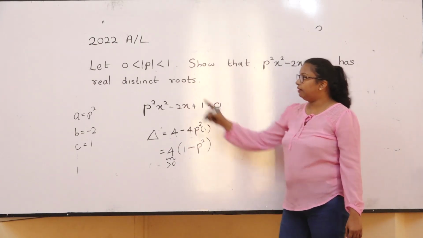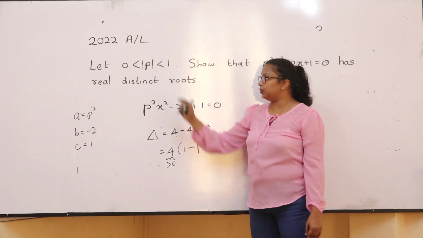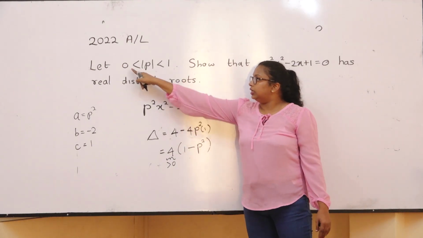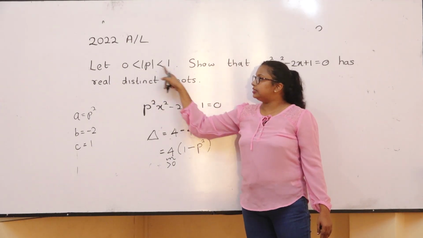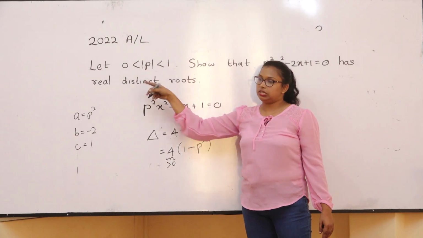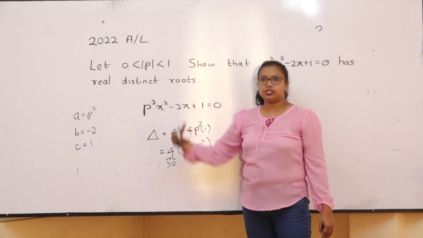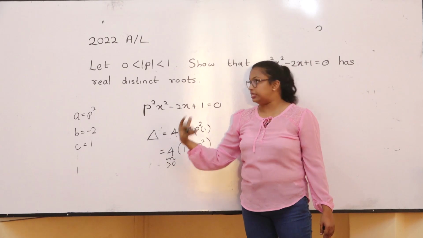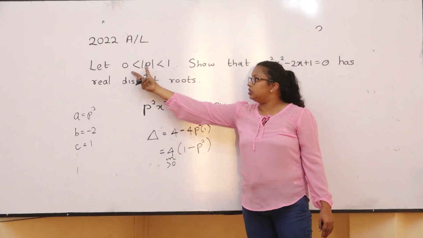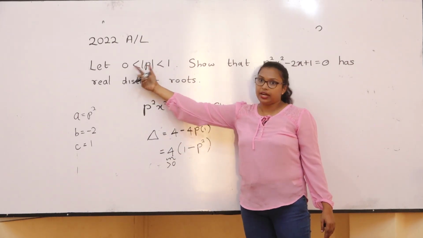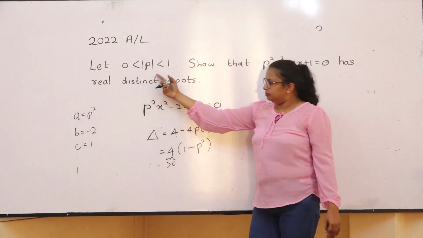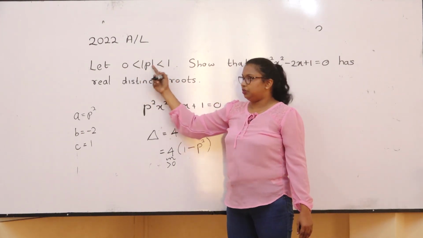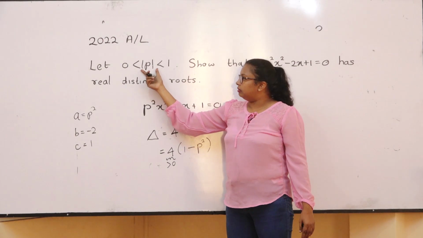Can you observe they have given us an inequality, right. So, according to this inequality, p is less than 1 and greater than 0, which means it is definitely a proper fraction, right. This is a positive value as well.